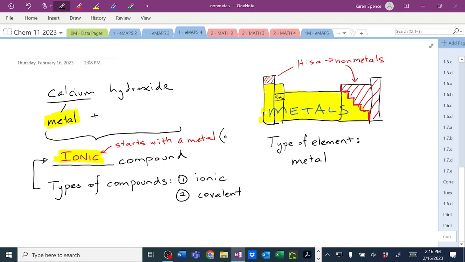I will say or NH4. Now, hydroxide isn't a single nonmetal. What is hydroxide? Does anyone remember the formula for hydroxide? Yeah, Isaiah.